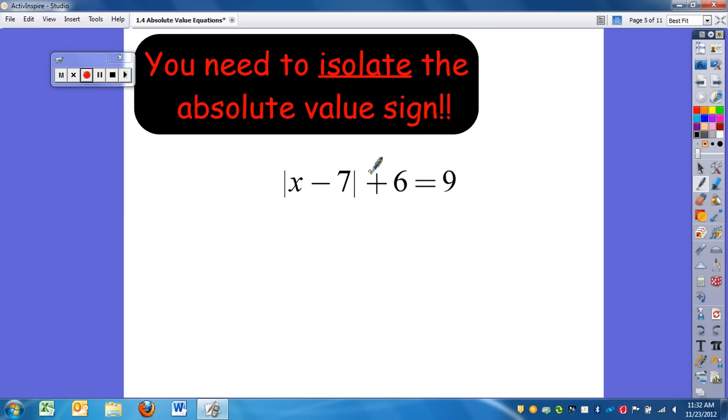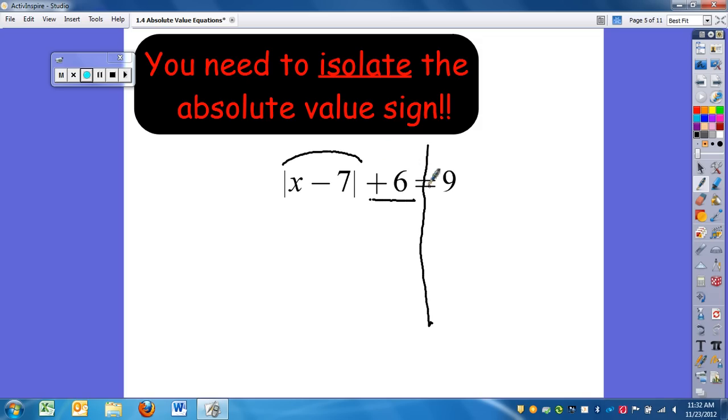A key thing is when you're doing absolute value, before you do your two equations, you have to isolate. Remember, isolate is getting the absolute value by itself. So here, remember our two sides from solving equations, we need this part alone on one of the two sides. However, it is not, because we have the plus 6.